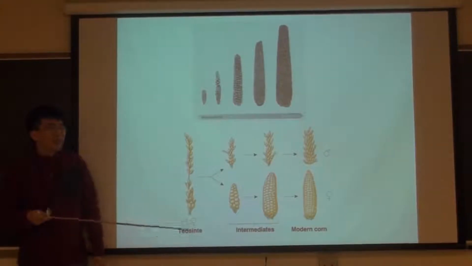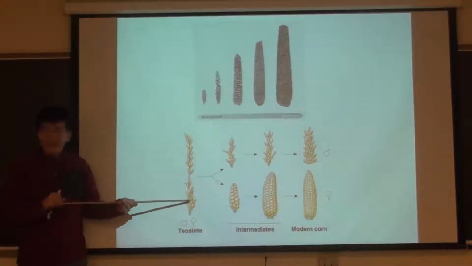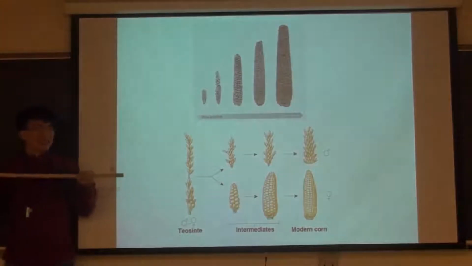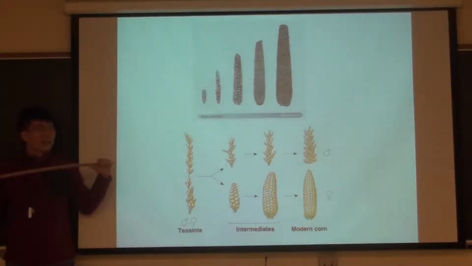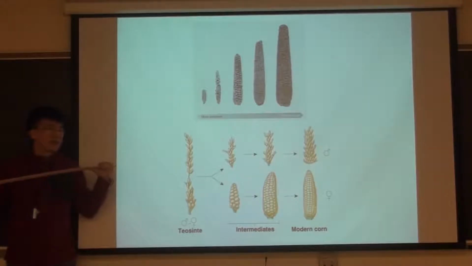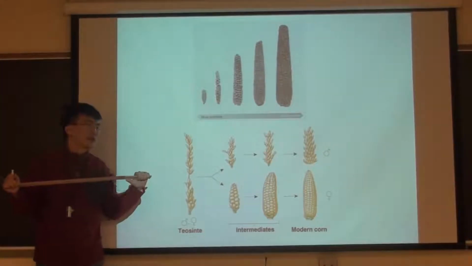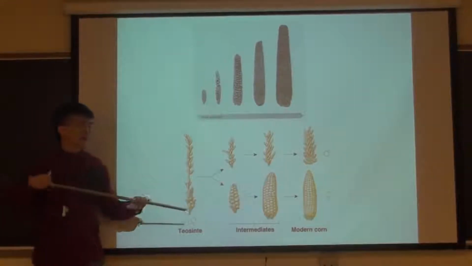Then Native Americans groomed this into something like that. So that is also genetic engineering, although they didn't use any recombinant DNA technology. They simply collected the offspring that had more desired features and so on. But it's amazing how different the two can be.